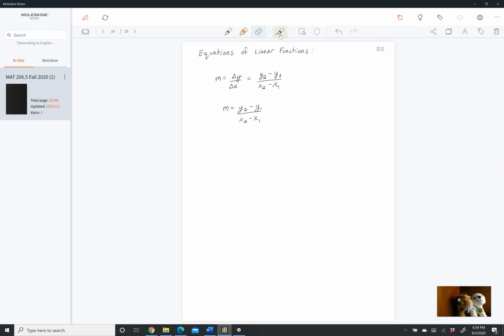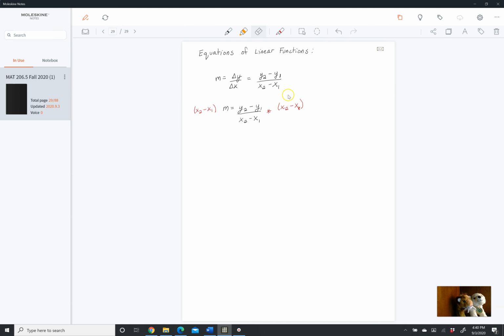So here's what we do to find the first equation. All we have to do is take both sides and multiply by x2 minus x1, okay? So we're going to take this side and multiply by x2 minus x1. And we're going to take this side and also multiply by x2 minus x1.